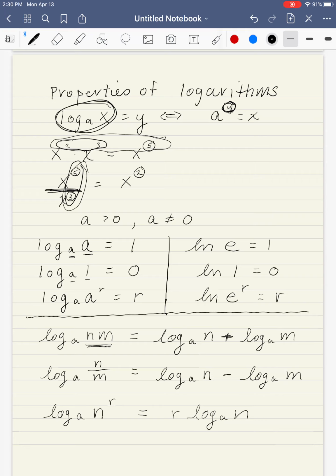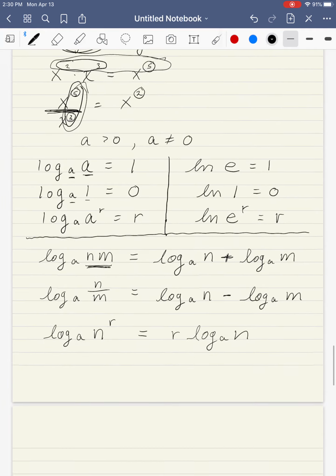It's not going to seem like we're getting anywhere. We're going to look at one thing and then say this is equal to another thing, but we're not actually solving for any variables at that point. All we're doing is understanding equivalent statements, which we're going to use as we go through solving logarithmic equations.